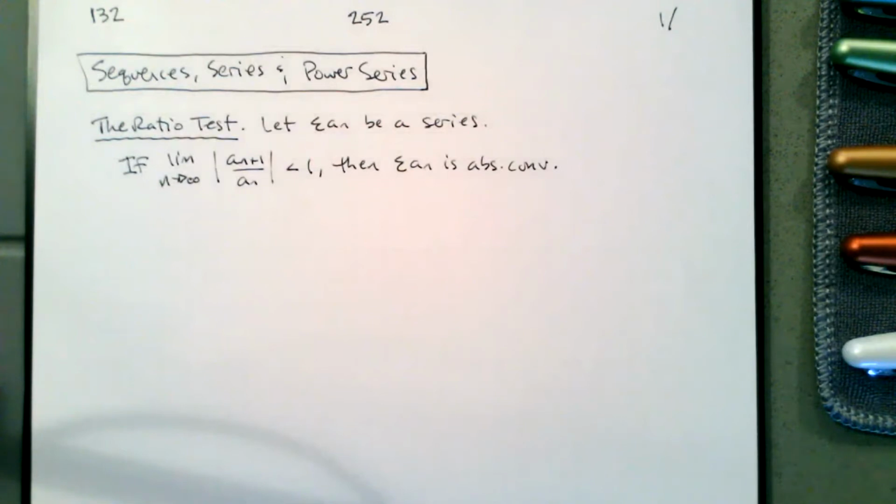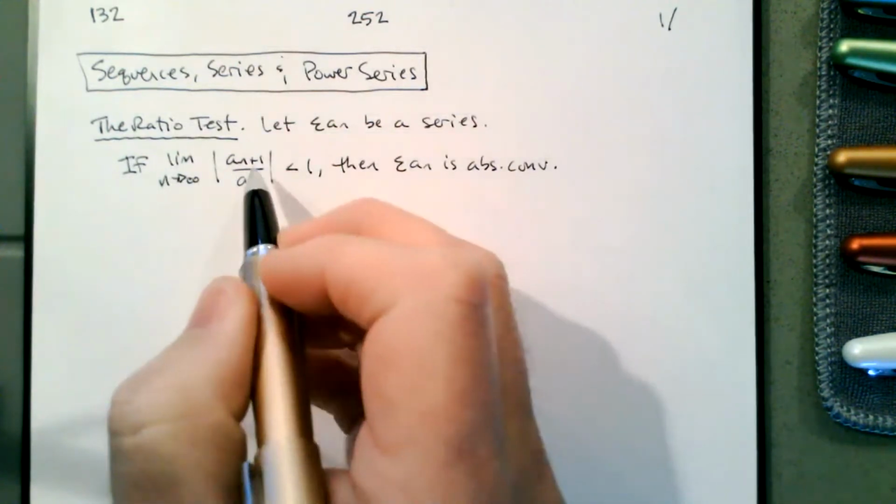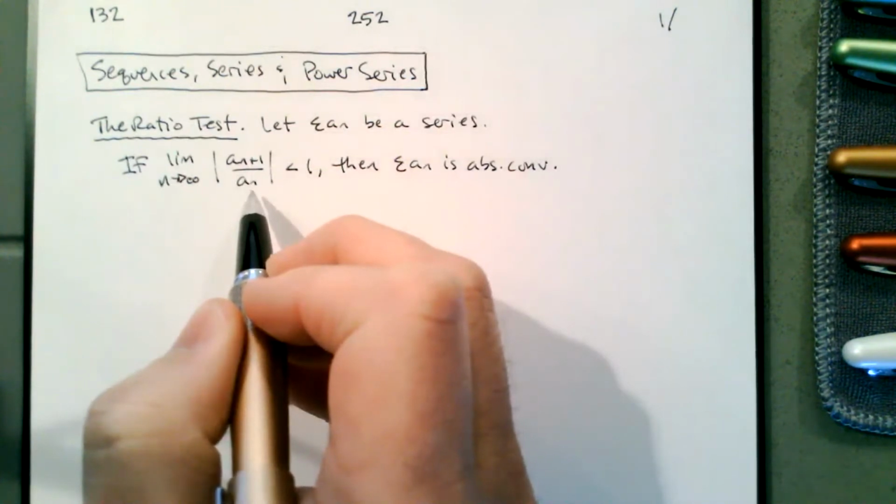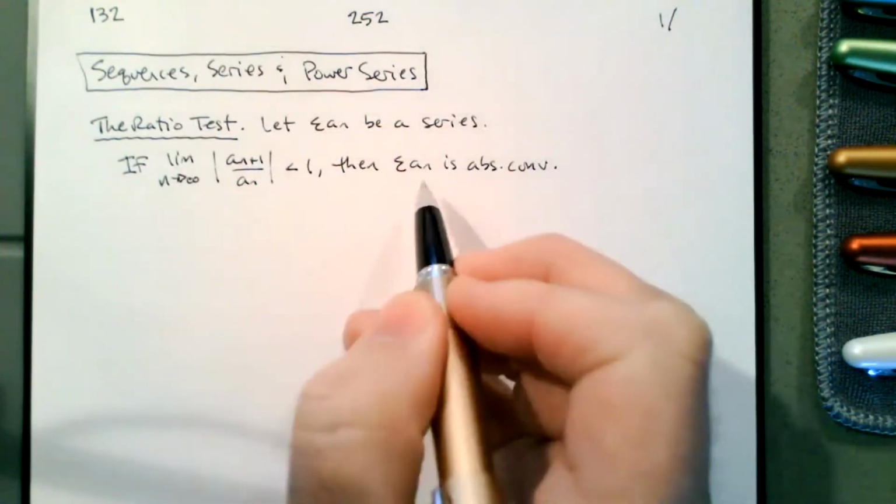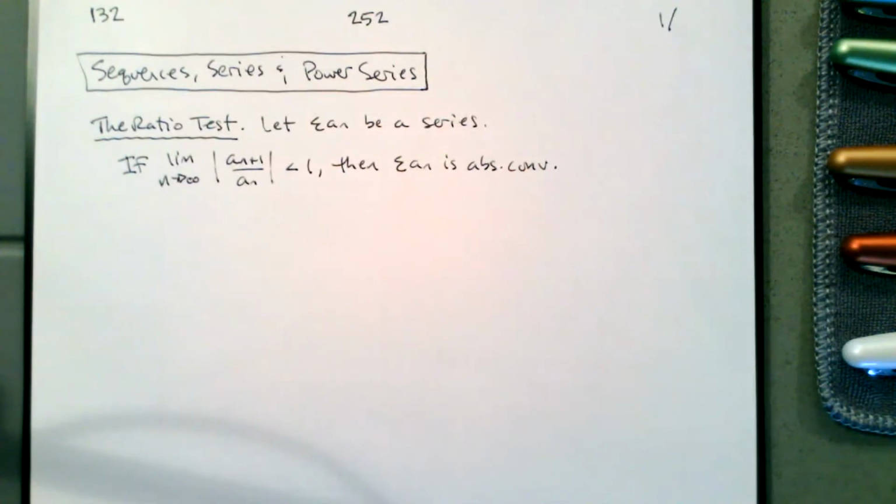So if we look at the limit as n goes to infinity of the ratio of the absolute value of the n plus first term to the nth term, so the next term divided by the previous term, if that ratio is less than 1, then the series is absolutely convergent.